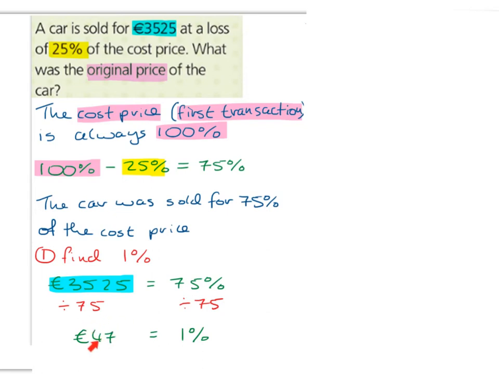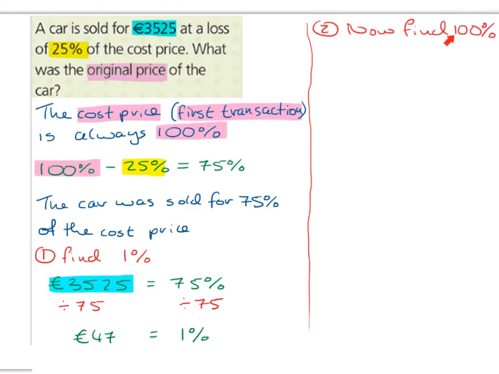So €47 is 1%. Now we want to find 100% because the original price or the cost price is 100%. So €47 is 1%, and multiplying 1% by 100 will give 100%. And what we do to the right, we do to the left. So now we find 100%.